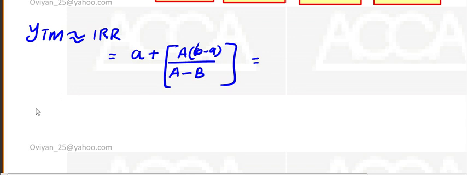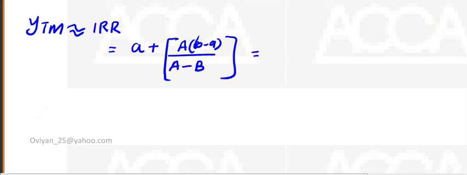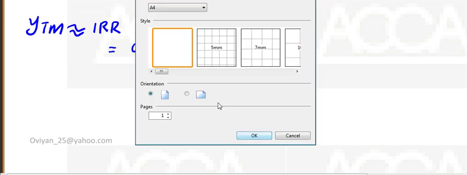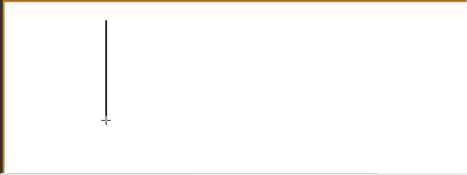You have to understand the actual relationship: in investment appraisal, it's convex, it's actually a curve.